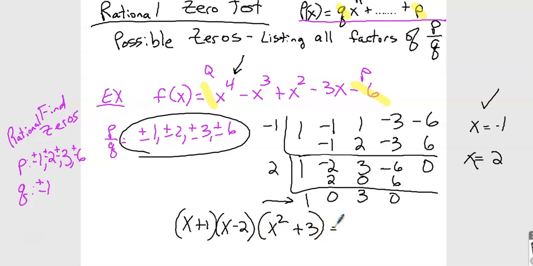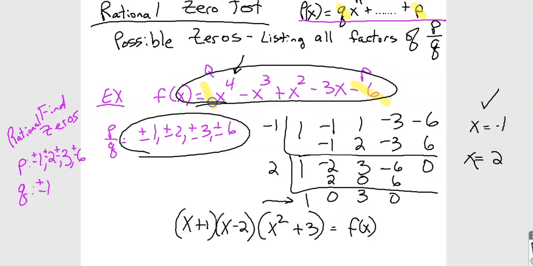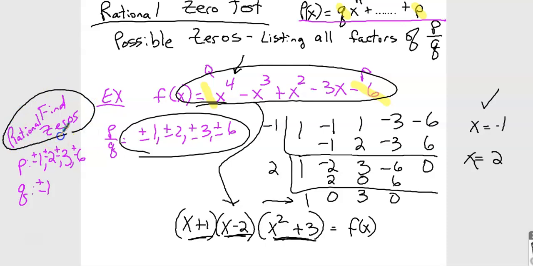And that is my polynomial. So let's call that f of x here. So I basically factored this big long polynomial. And if I wanted to, I could set these all equal to 0 and find all my zeros, okay? But in this specific problem, I'm only finding the rational zeros. This number right here would not give me a rational number, okay?